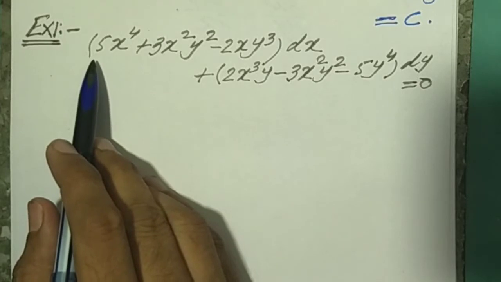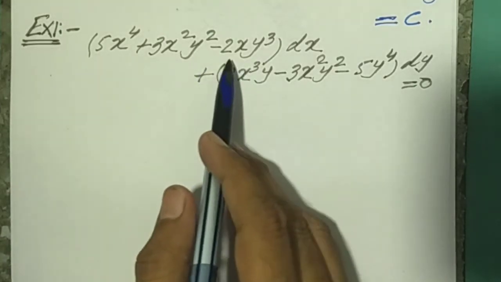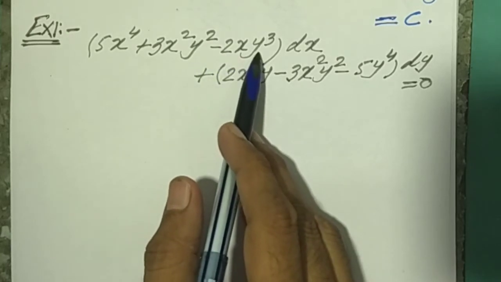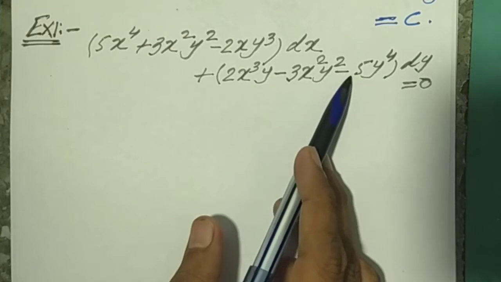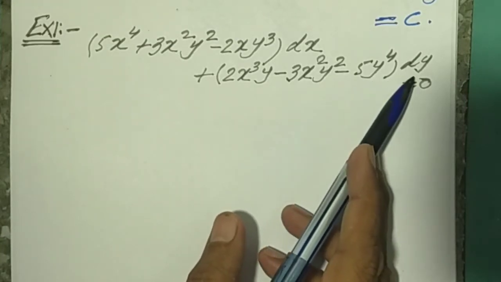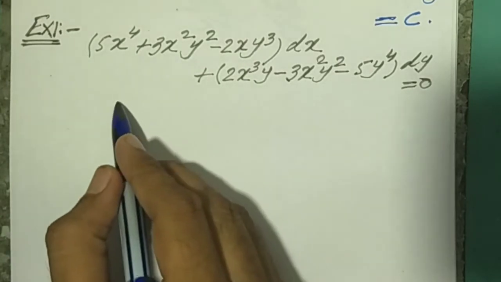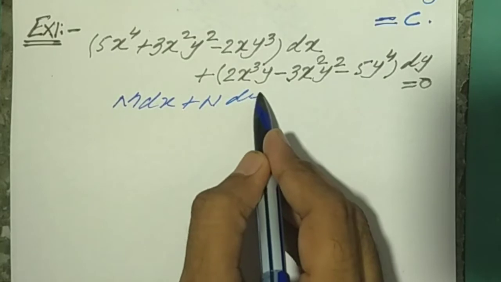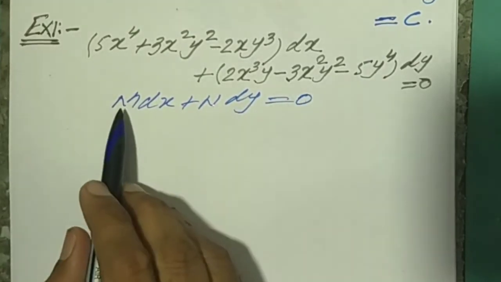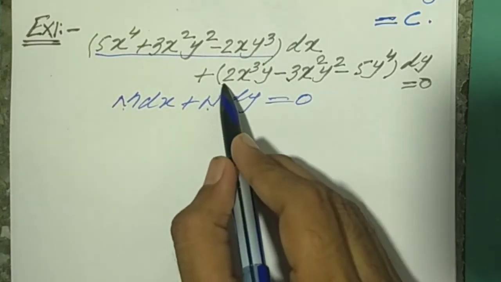We have to solve (5x to the power 4 plus 3x square y square minus 2xy cube) dx plus (2x cube y minus 3x square y square minus 5y raised to the power 4) dy is equal to 0. So this is in the form M dx plus N dy is equal to 0, where M and N are functions of x and y.